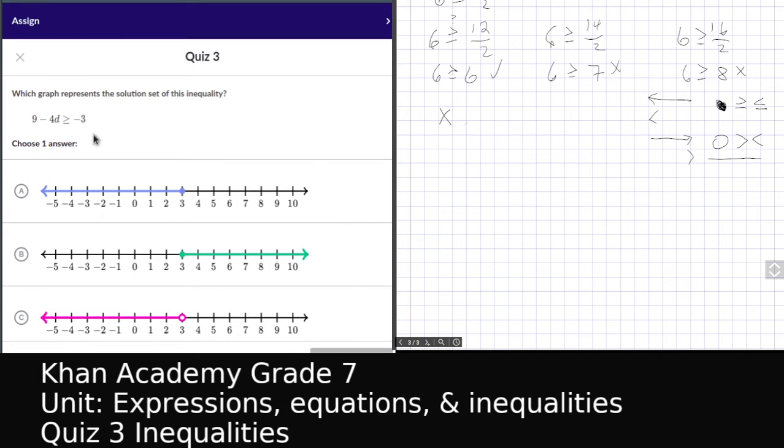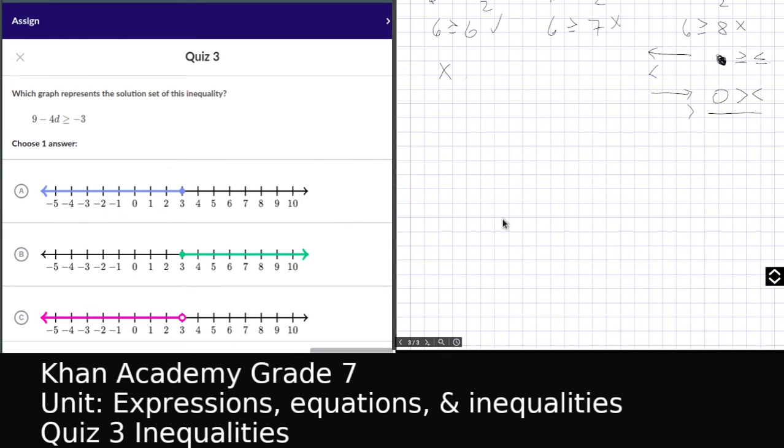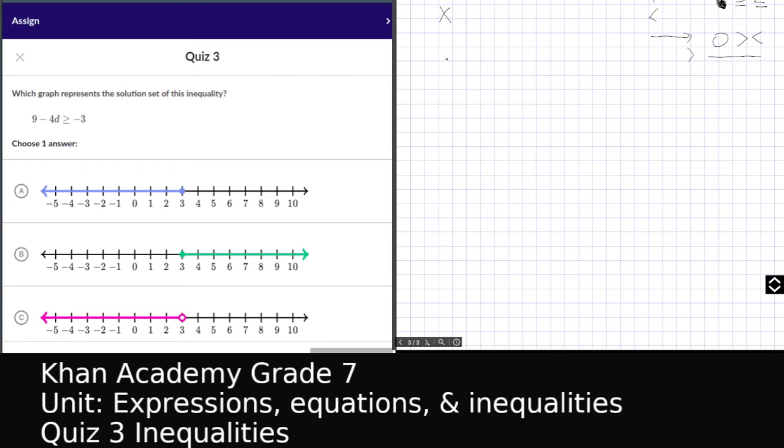Okay, which graph represents the solution set of this inequality? So I'm going to write this down, and then we're going to solve. I am going to use that rule that you learned, order of operations from before: PEMDAS or BEMDAS or sometimes BODMAS.